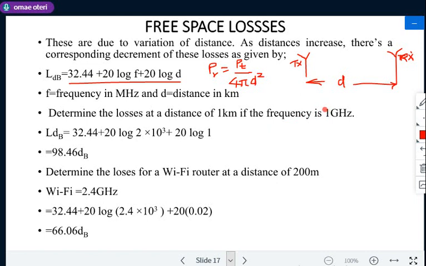I think this is supposed to be 2 gigahertz, not 1 gigahertz. So 2 gigahertz is how many megahertz? It will be 2000 megahertz.